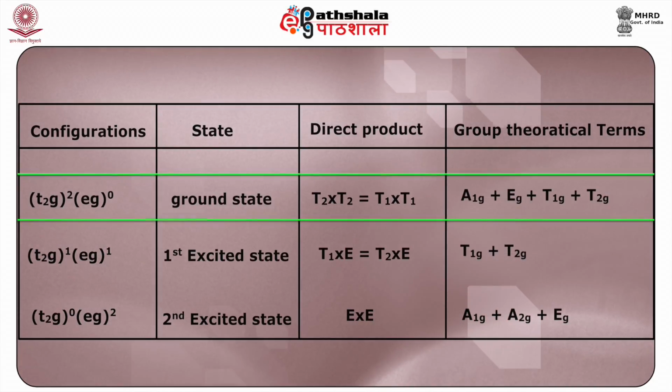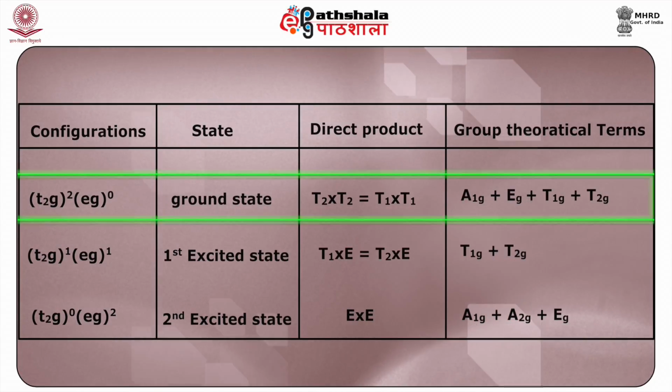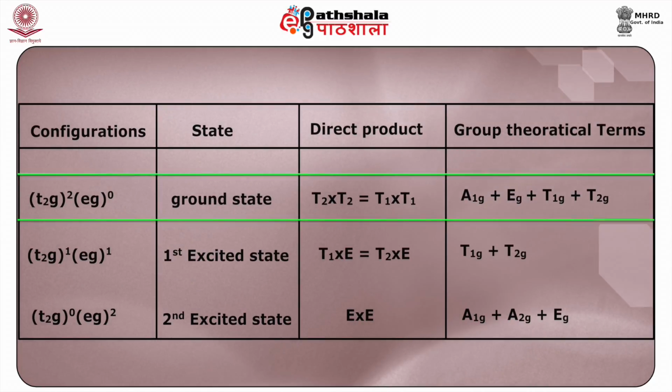In case of having a t2g2 configuration, it will be the ground state, with the direct product of T2 into T2, which will be equal to group theoretical terms of A1g, Eg, T1g, and T2g.